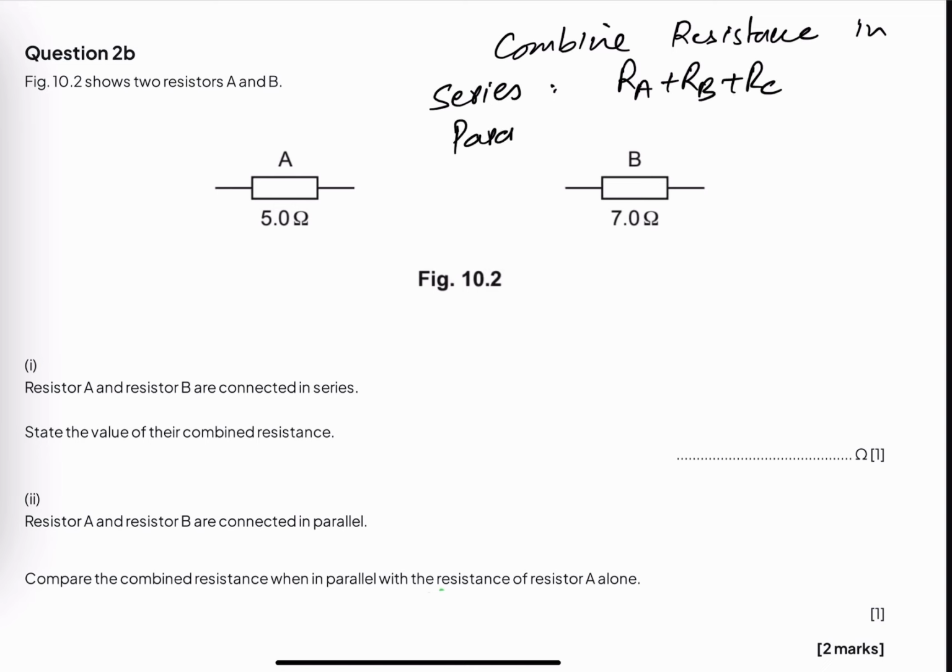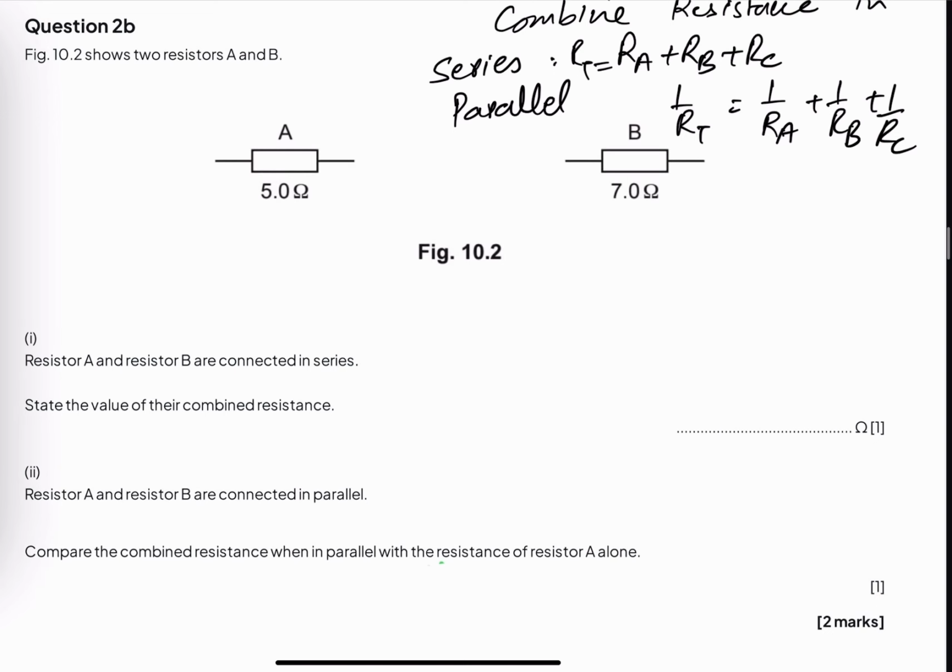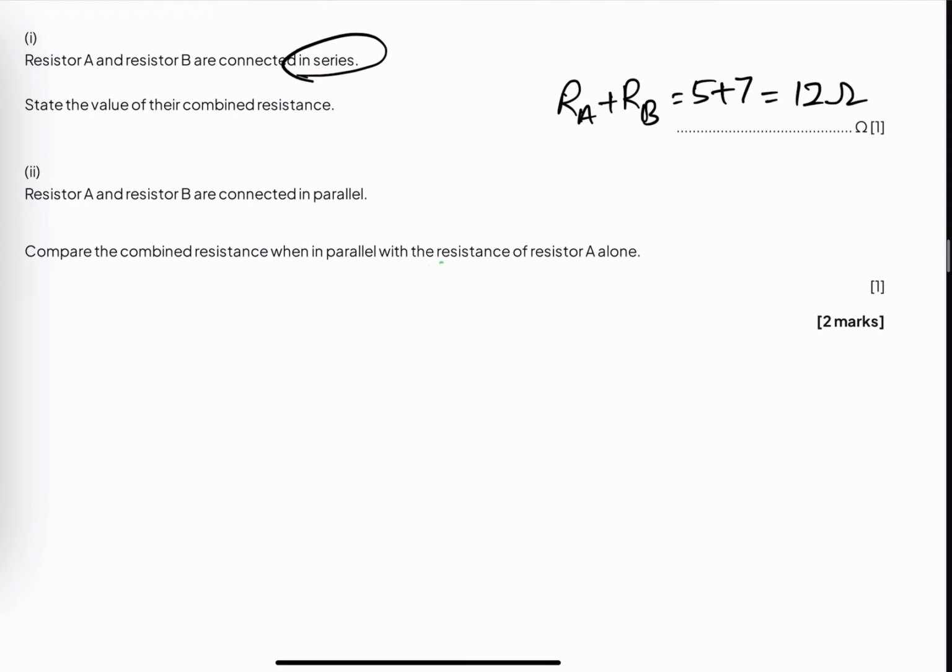And for parallel, we have the relation 1 over R total combined is 1 over RA plus 1 over RB plus 1 over RC. As both are in series as given, it is simply RA plus RB. RA is 5, RB is 7. That will give you 12 ohm.